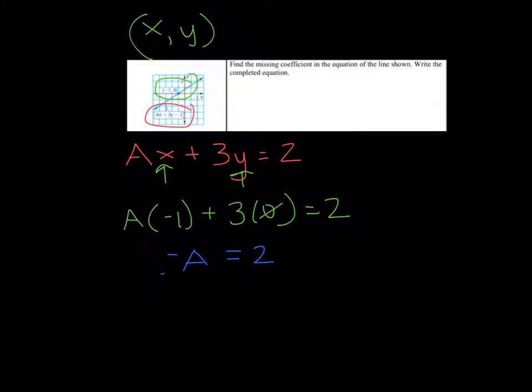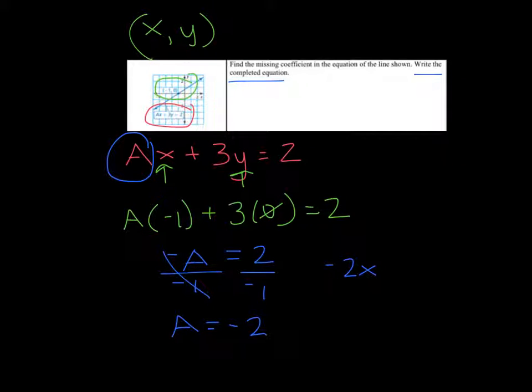The opposite of multiplying by a negative would be to divide by a negative, so I'm dividing by -1, and that tells me that a would be equal to -2. Now the instructions up here say write the completed equation. So I'm going to go back to my original equation and replace a with -2. So we have -2x plus 3y is equal to 2. And this would be my answer.